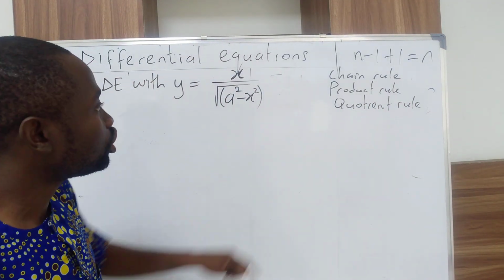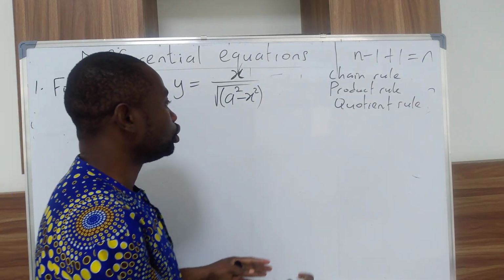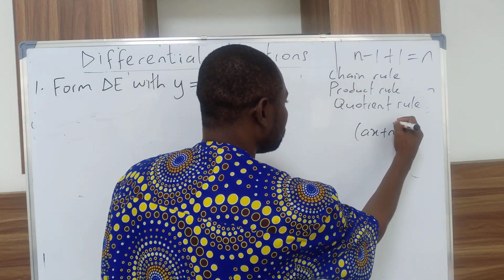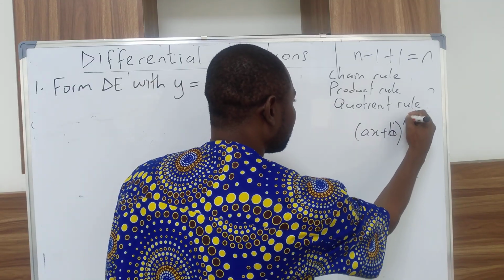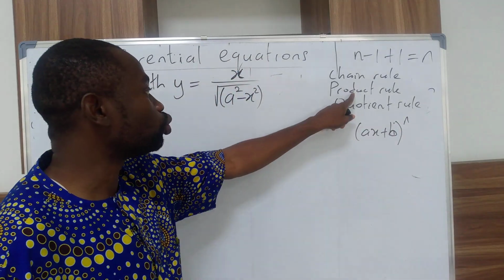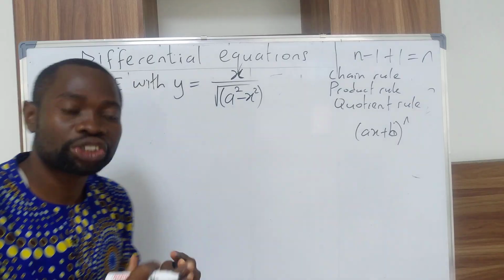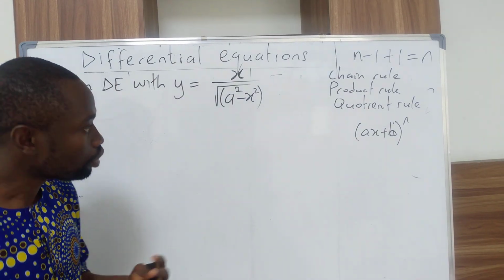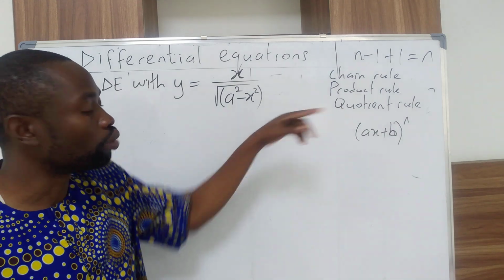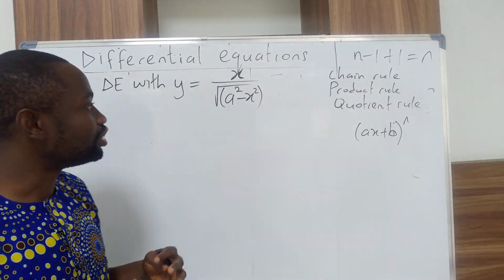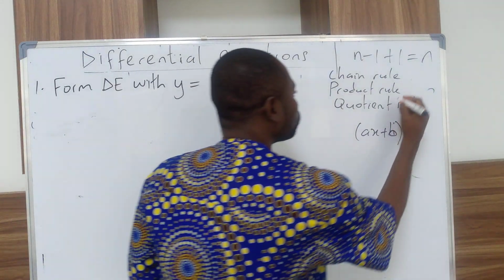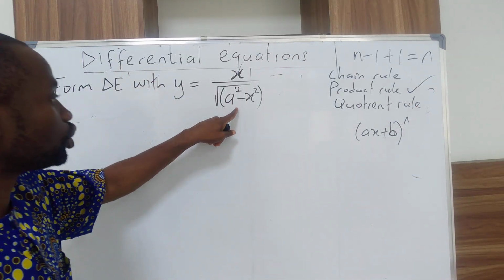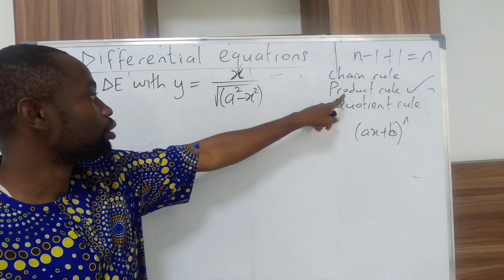You use the chain rule when you have a function raised to power n. You use the product rule when you have two functions multiplied together, and we use the quotient rule when we have division. But I prefer using the product rule when I have two functions. So for this question, I'm going to apply the product rule.